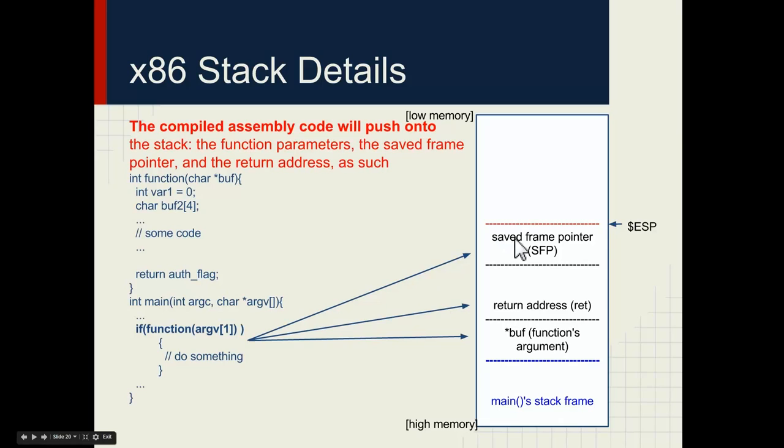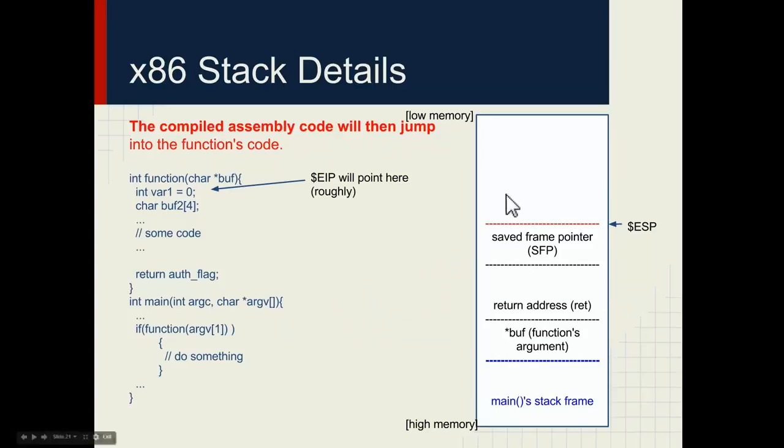And then it's going to push the saved frame pointer, so that when it's restored, ESP will point back to this region of the stack here. So the main stack frame is restored. This is the prologue. This is the activity on the stack from the prologue of effectively the function. And when we jump into the function, EIP will roughly point to this line of source code.